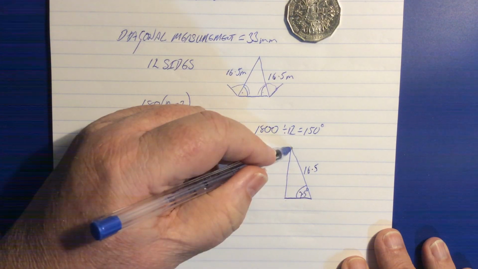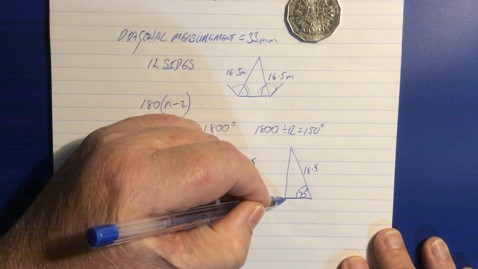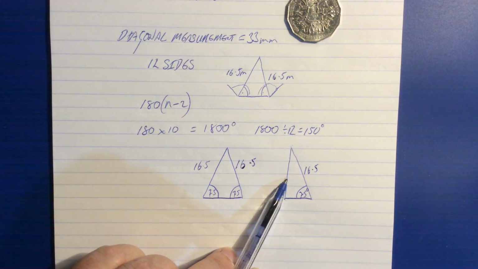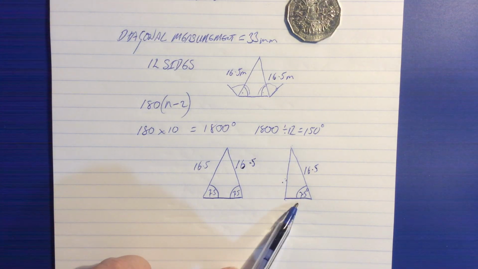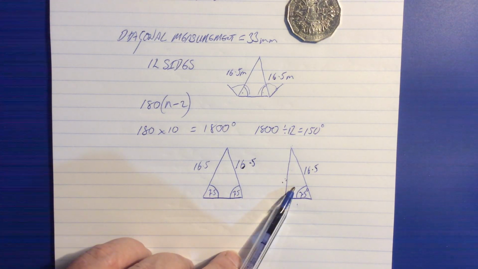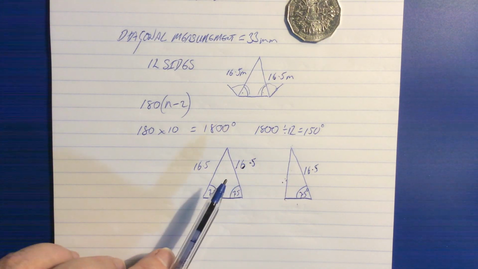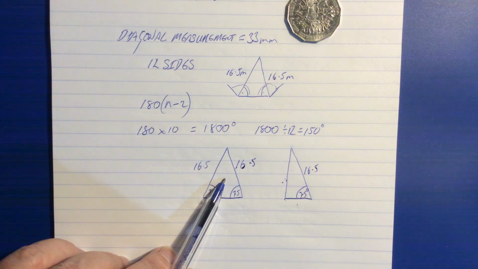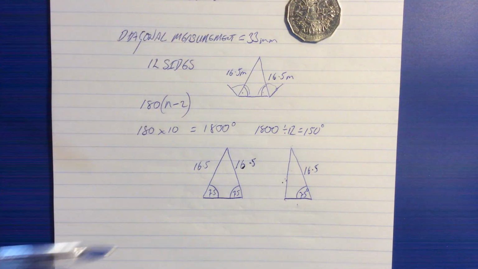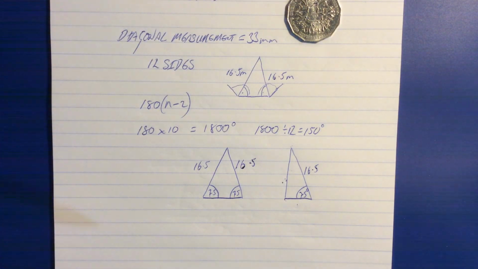We can find this height, and once we find this height, we can figure out what the base is, and we can use that to find the area of this, double it to find the area of this, multiply it by 12 to find the area of our coin. So let's go to work.